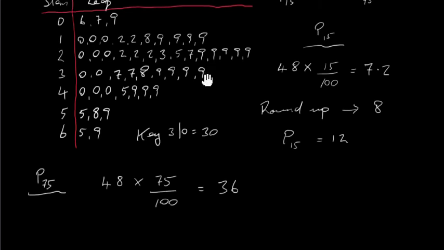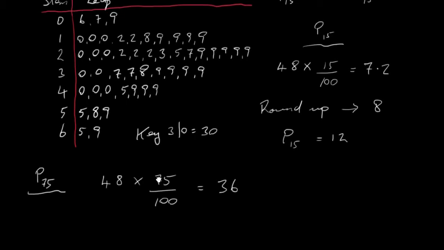It's this one here. And the next number up, the 37th number, is actually 40. This is the 36th number, this is the 37th number. So you take the 36th number and the 37th number, add them together and divide by 2. So let's do that.